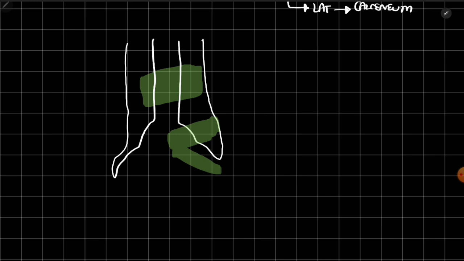So just the retinaculum, somewhat like this is the retinaculum.